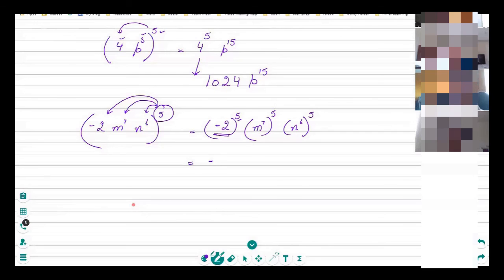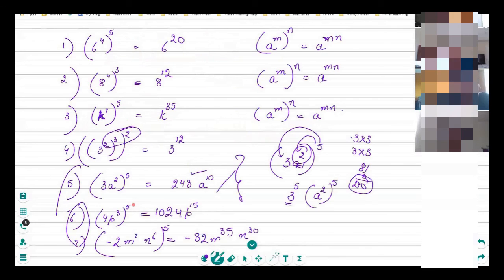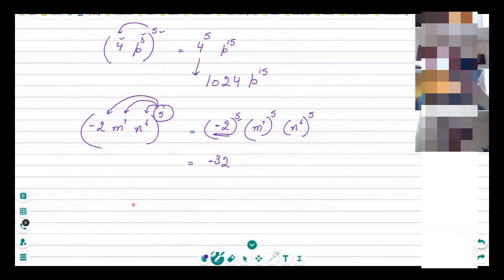And what did you get on multiplying, Rikshwet? Negative 32. Yes, so we get negative 32 over here. m to the power 7 times 5, which is 35. And n to the power? 30. Because 6 times 5 is 30. Got it? Clear now?